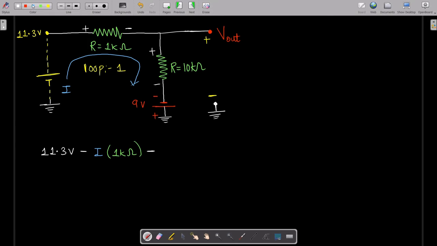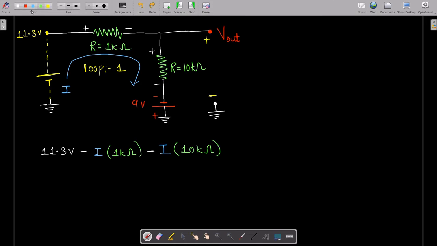Obviously it is going to be the same because the other loop is open circuited. So this is your current I, and the resistor over here is 10 kilo ohm, correct? You are connecting this to the battery, and you should always see the opposite sign. Since your current is moving in this direction, you should see the opposite sign, not this particular sign, for KVL.